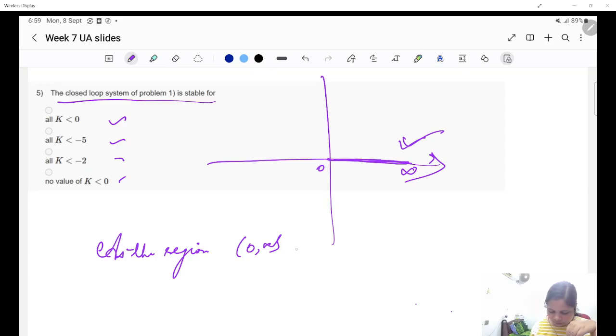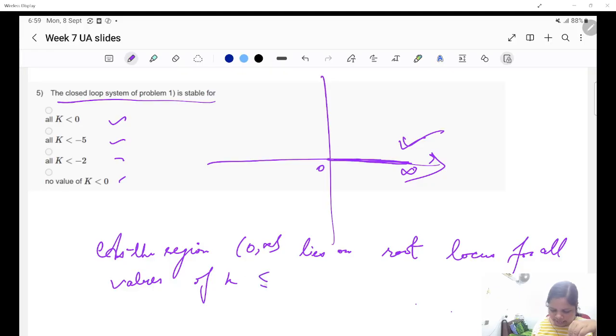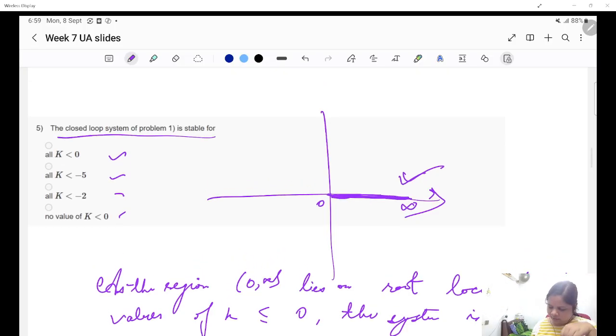Okay, it lies on root locus for all values of k less than or equal to 0, the system is unstable. We just have a pole over here, and this is the only region.